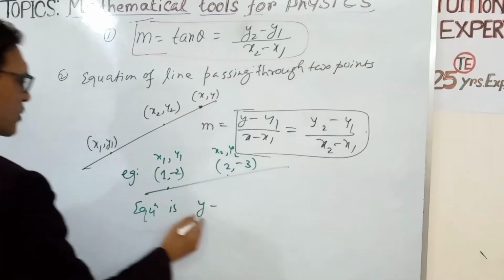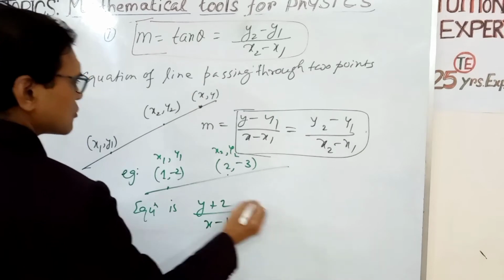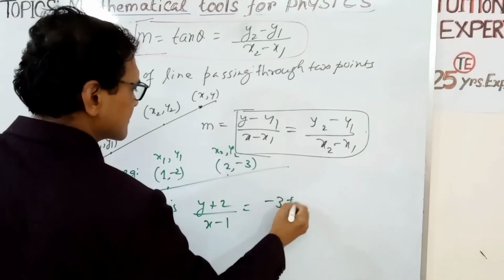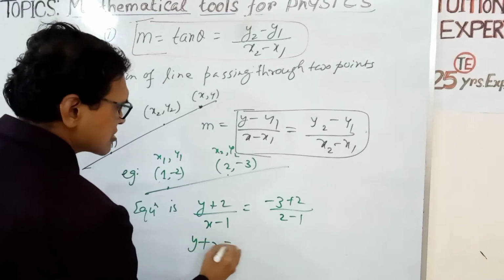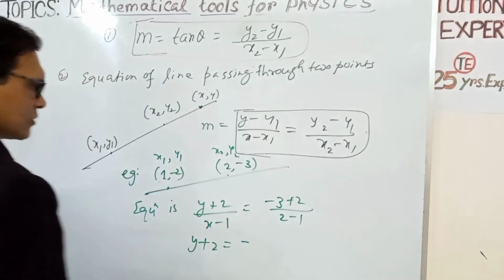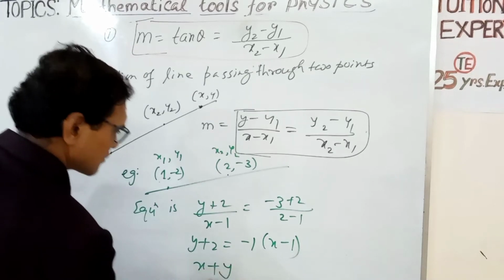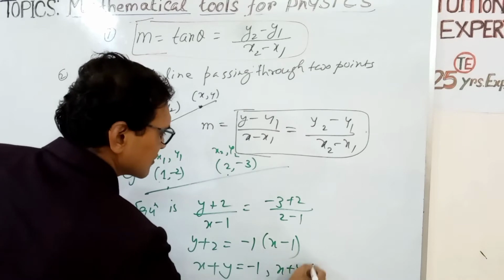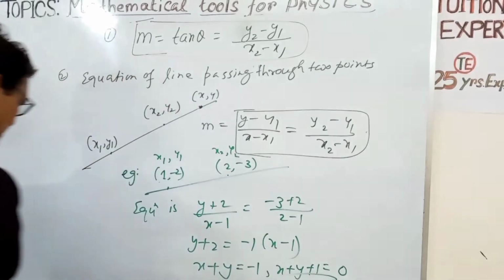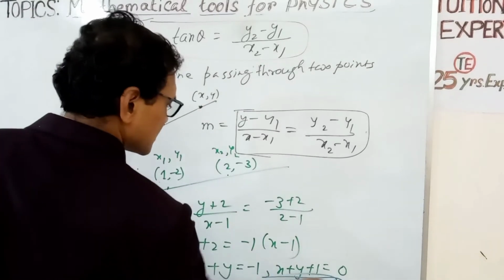So y minus y1 by x minus x1 equal to y2 minus y1 by x2 minus x1. This is the equation.